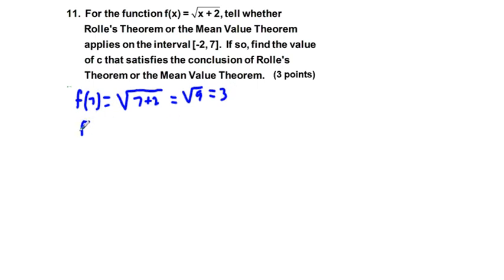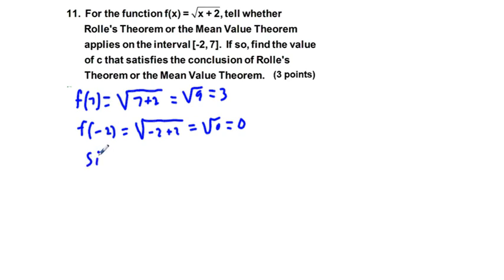And f of -2 is equal to the square root of -2 plus 2, which equals the square root of 0, which equals 0.